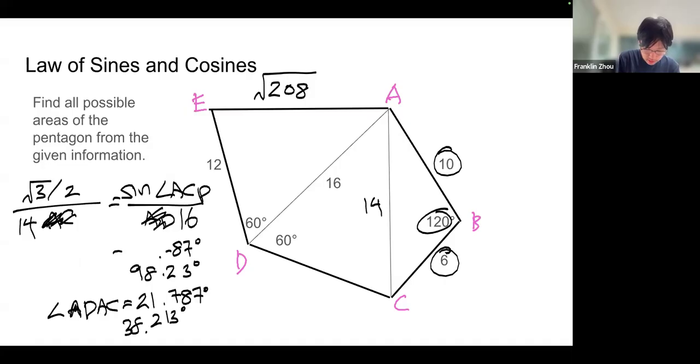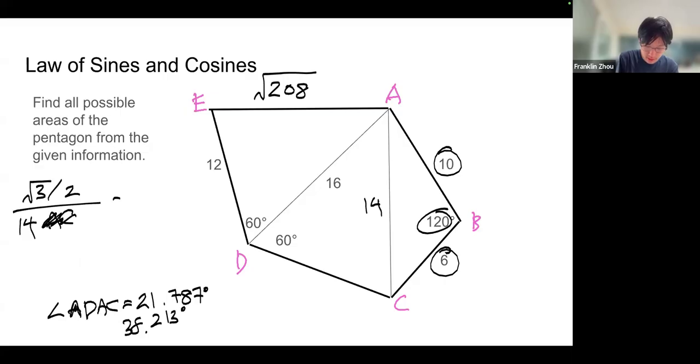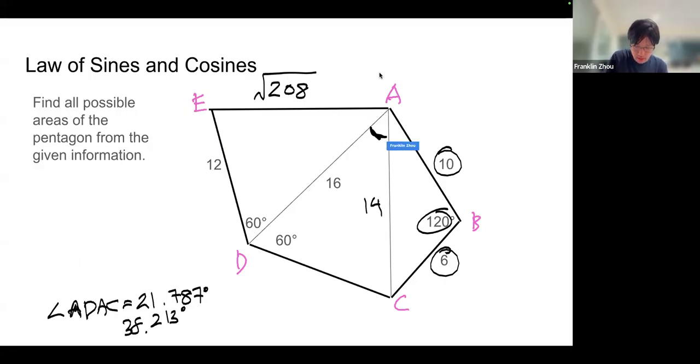So now we just have one last step, and that's to calculate the areas of each of these three triangles. And we have a formula for that. Remember that the area of a triangle is 1/2 ab sine C, which just means multiplying the adjacent sides, multiplying by the sine of the angle between them, and dividing by 2.